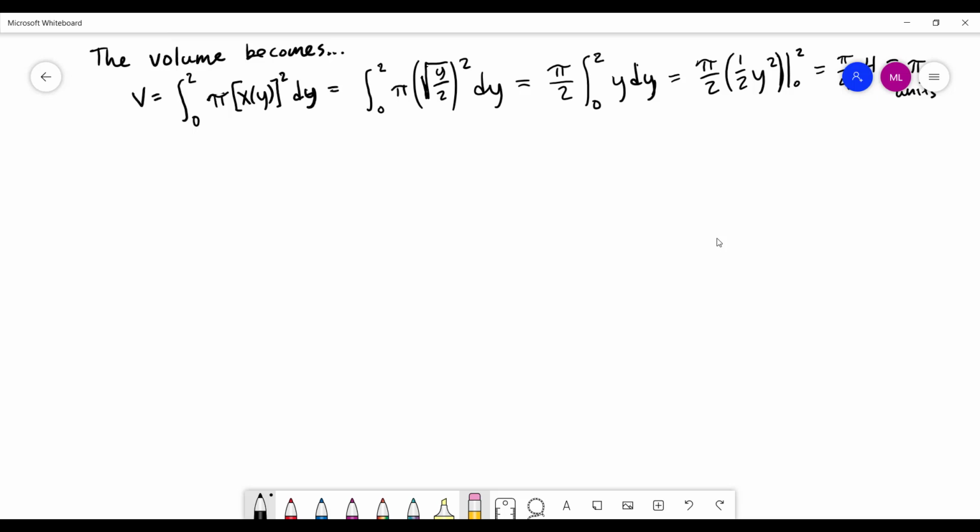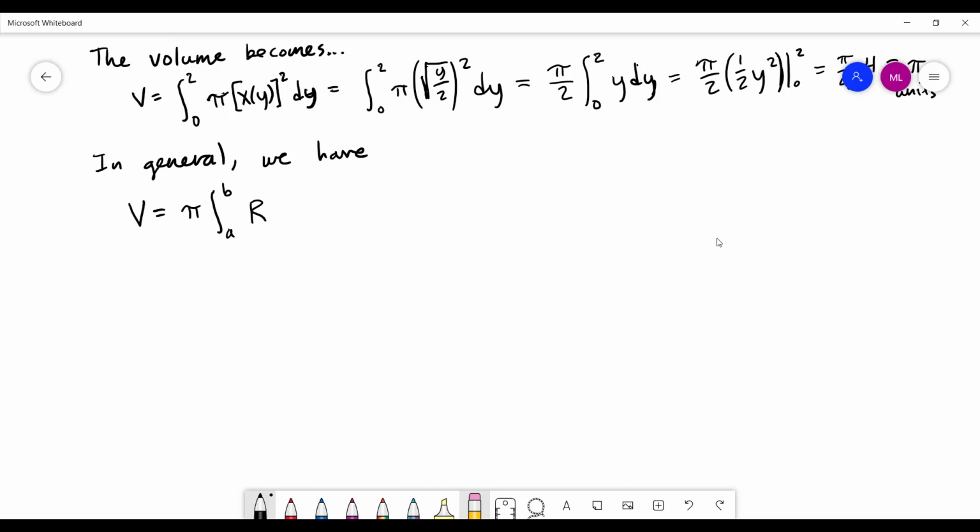In general, we have that our volume that we're trying to find is going to be pi times the integral from whatever bounds a to b times our radius squared, so pi r squared.